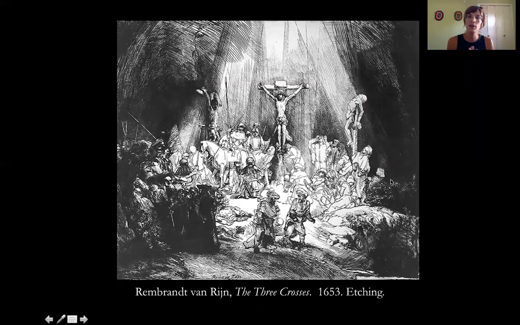Now, if you look here, I would ask you this if we were in class: where do you look? You probably are looking to the center, probably to the Christ at the center. This is the Three Crosses by Rembrandt from 1653. Why are you looking that way? Well, the most important figure is at center, so you probably are drawn to him. However, you're also using line of sight. A lot of the people look to the center if you're looking around.